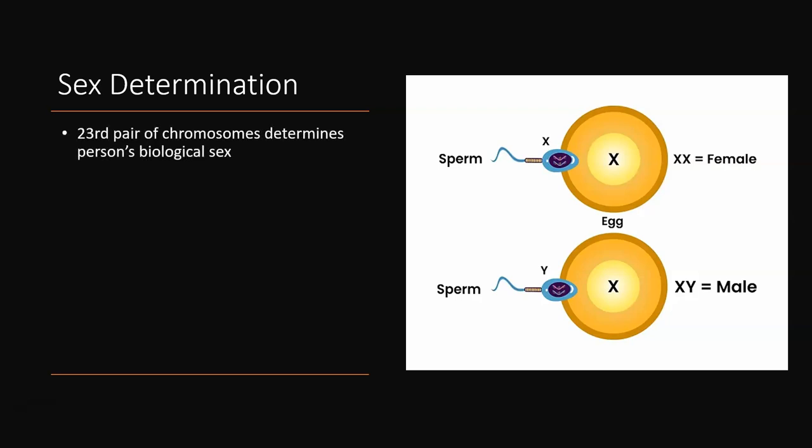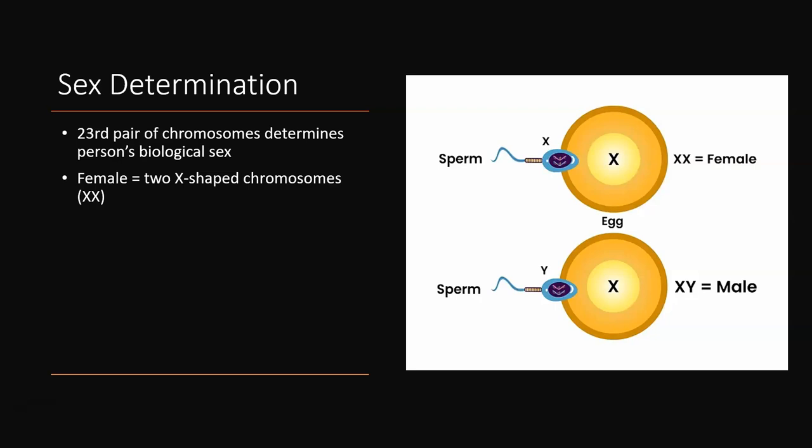Now, sex determination, on the one hand, seems very, very straightforward and simple. On the other hand, it's not as simple as you think it is. In general, most of the time, the 23rd pair of chromosomes is going to determine the person's biological sex.